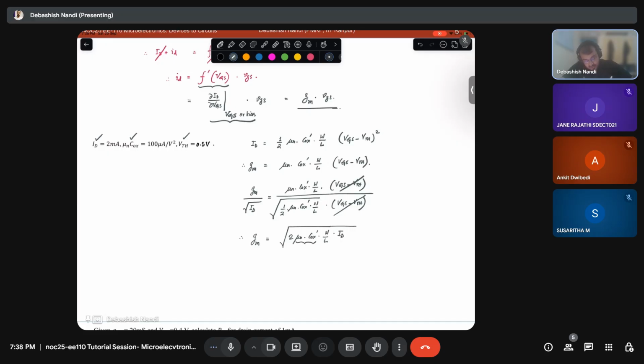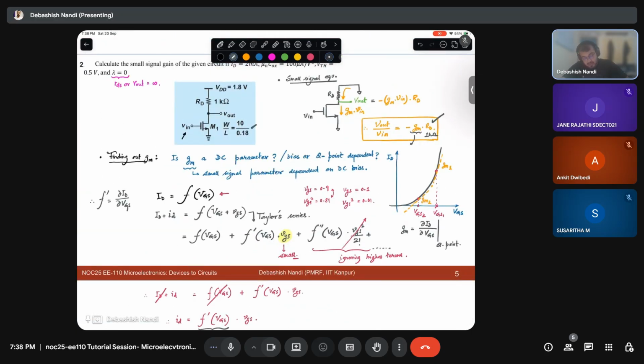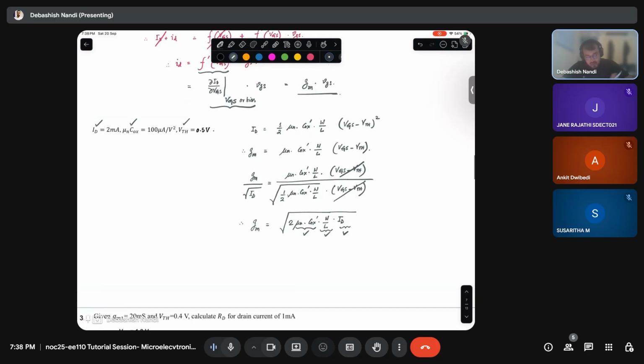This I know, this I know, ID I know. W by L is 10 by 180 nanometer, 0.18. So 2 times mu n Cox is 100 micro, W by L is 0.18, ID is 2 milli, 10 to the power minus 3. So this will come out to be around 4.71 milli Siemens.